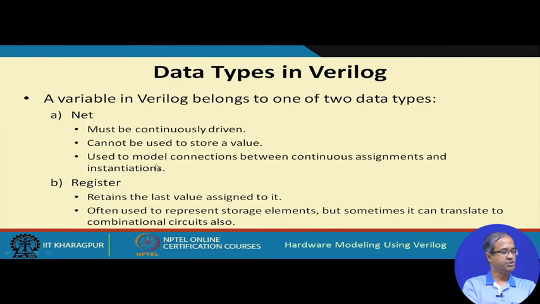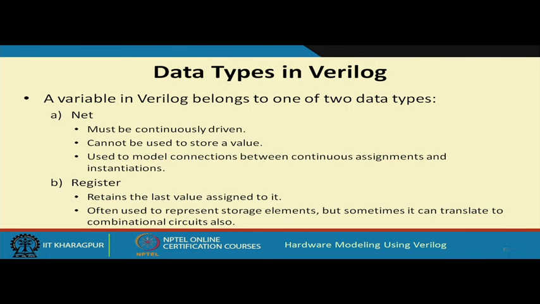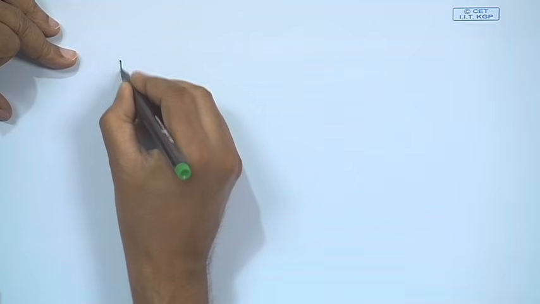Typically, a net is used to model connections between continuous assignments and instantiations. What do I mean by this? Suppose I have done an instantiation in a module.